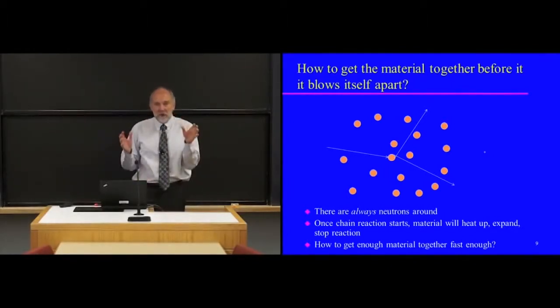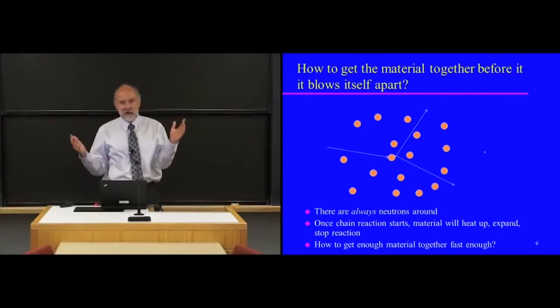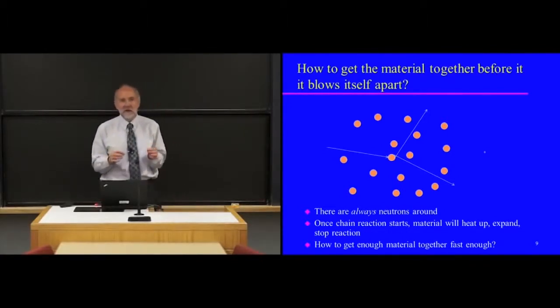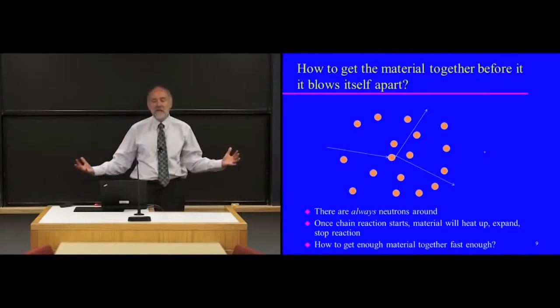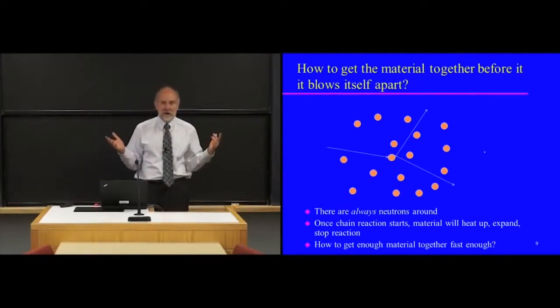Well, if bringing the atoms closer together by crushing them and increasing their density reduces the amount you need for a critical mass, having them expand out increases the amount, and it causes the neutrons to start flying out into the surrounding countryside again, and it shuts down the chain reaction. So the key difficult part of making a nuclear bomb is figuring out, how do I get my material together into the shape that I want it to be in to get a good explosive yield out of it before it starts blowing itself apart.